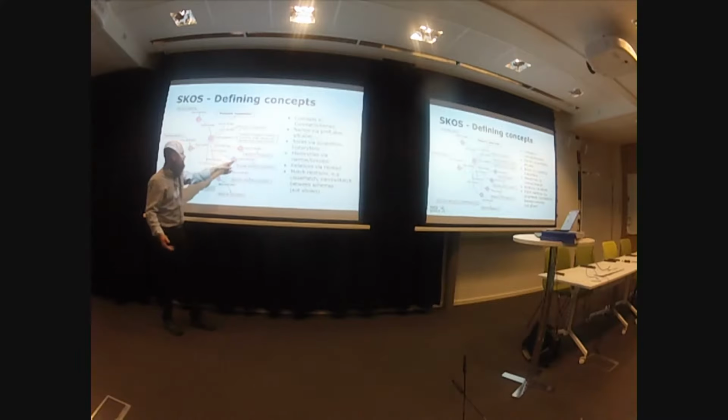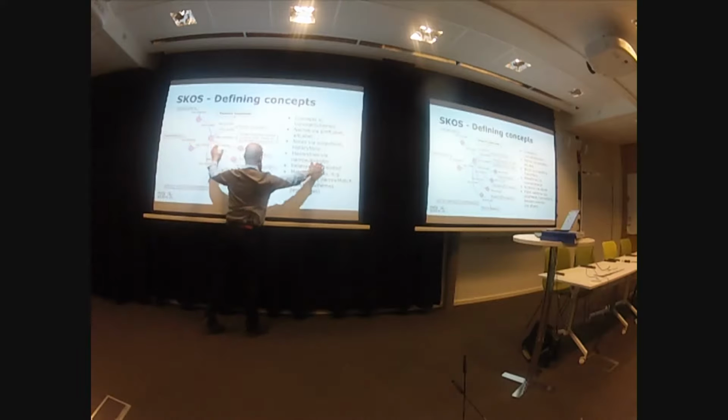There is another one which is European economic cooperation, and there is a third, or fourth perhaps, the four of them, European industrial cooperation and industrial cooperation. All of them are narrower. So you can form hierarchical relations via narrower and broader relations.